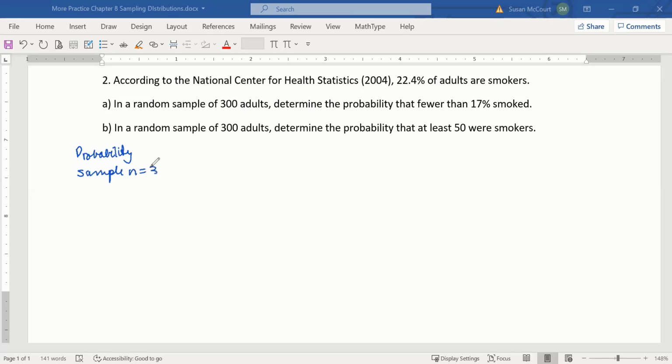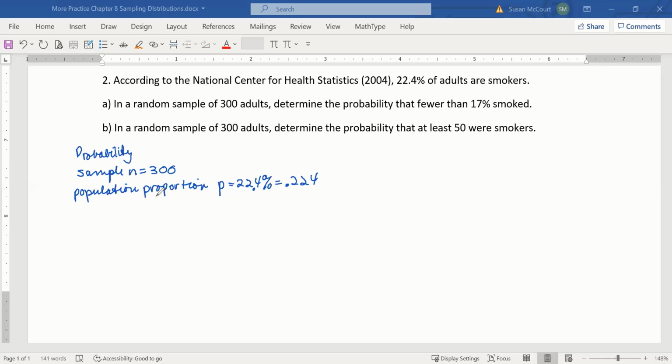n equals 300. And in the population, we're given a proportion or a percent of p equals 22.4%, which is 0.224.